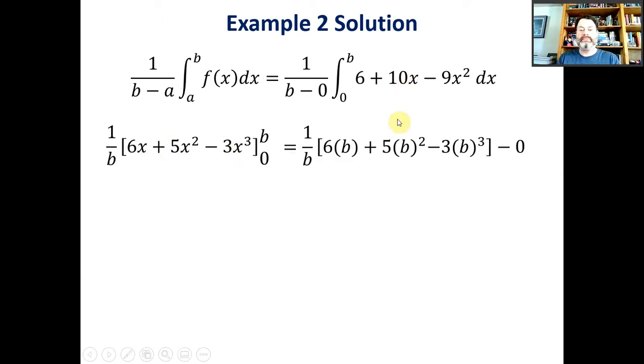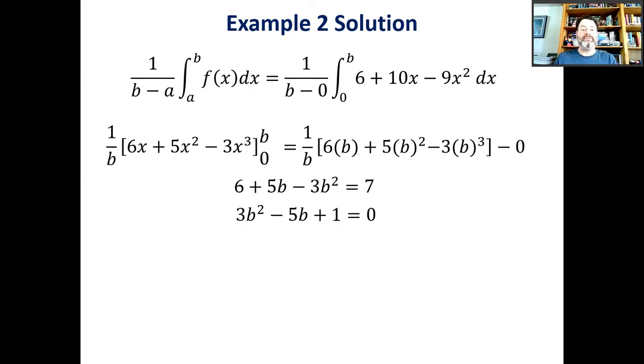Plug in b. And then, according to the way the problem's set up, we set it equal to 7. So we just want to know what values of b give me a rectangle of size 7, because they're saying that the average value is like the line y equals 7. And the function itself will also have area 7.